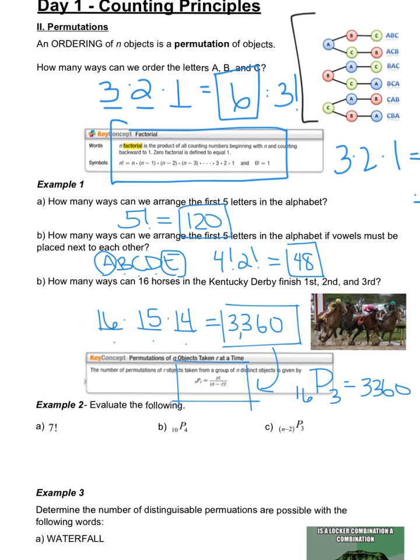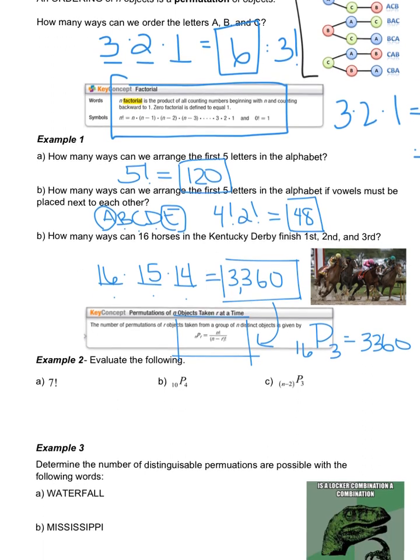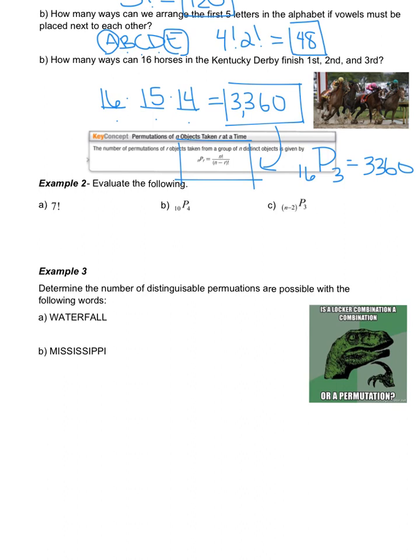All right. As we continue on, we're looking at just simple notation here. As you do these, we just want to see that you understand what this means. So when you see 7 factorial, that means 7 times 6 times 5 times 4 times 3 times 2 times 1. Write that out so we actually know you know what that means versus just typing it in your calculator.